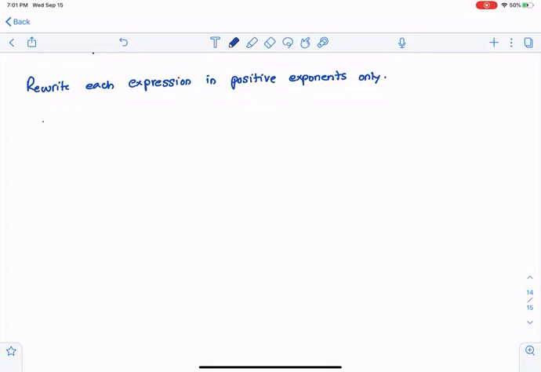So here is the first example. So I have x raised to negative 1 and y raised to negative 2, multiplied by 5, of course.